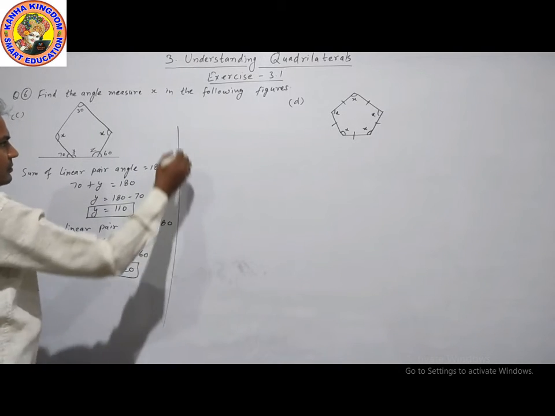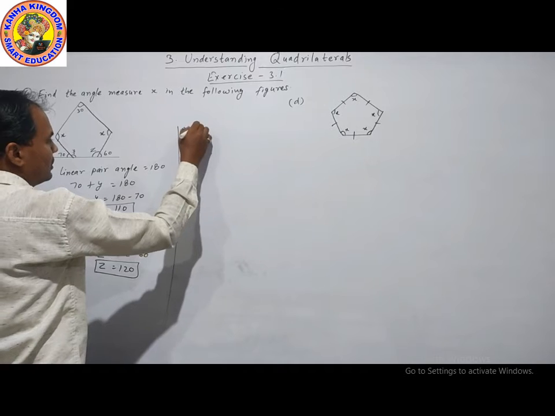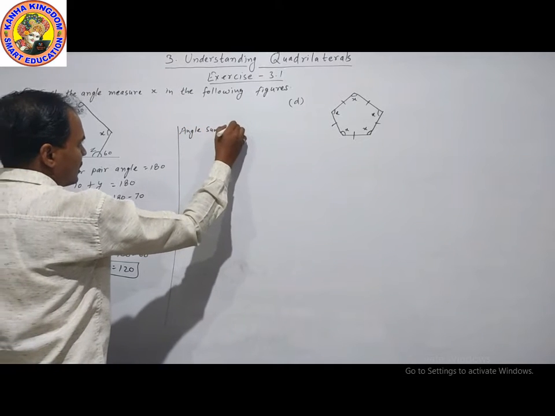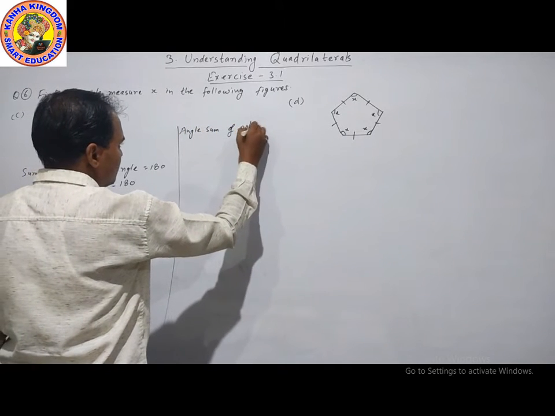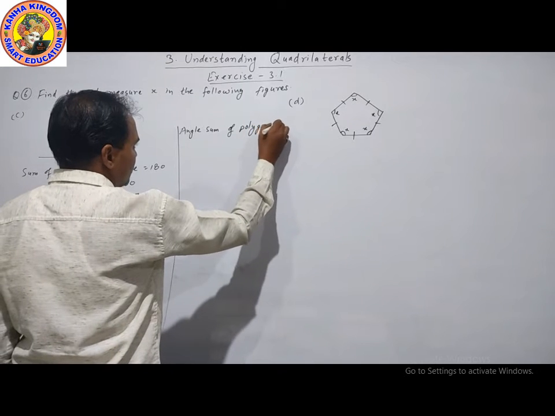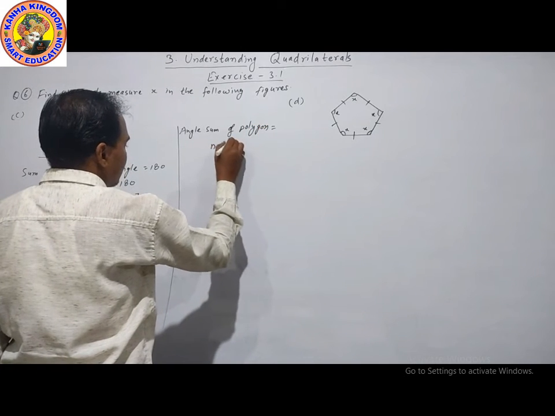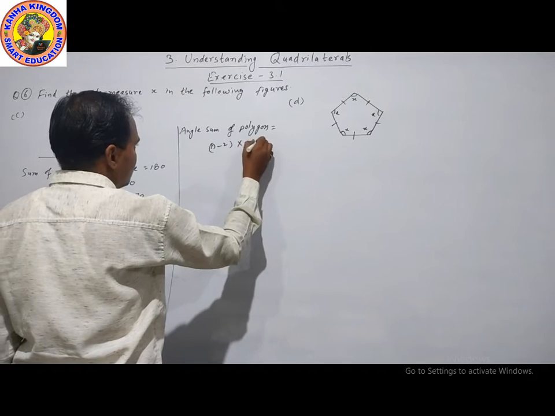Now angle sum of polygon is equal to n minus 2 into 180.